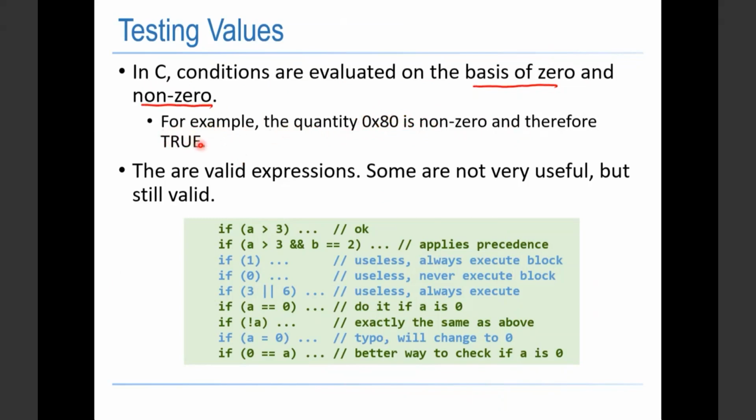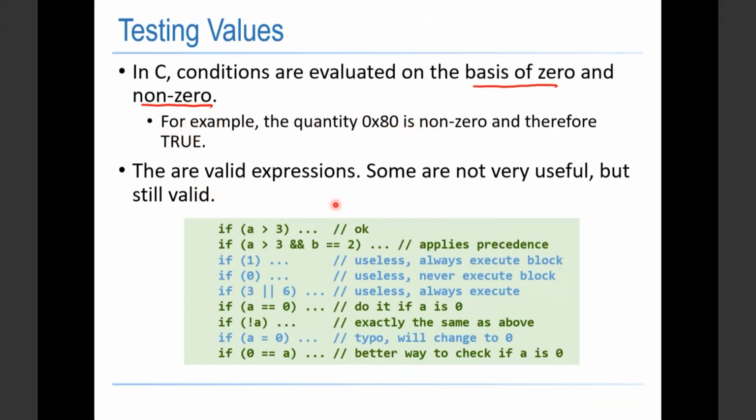But sometimes it depends on the way you program. Depending on how you program, a non-zero will yield the condition true, or sometimes a zero will give you a condition true, but it depends on your programming actually. So these are valid expressions.